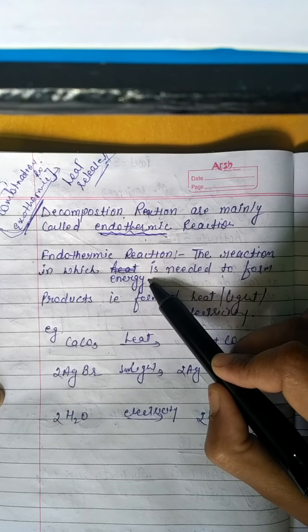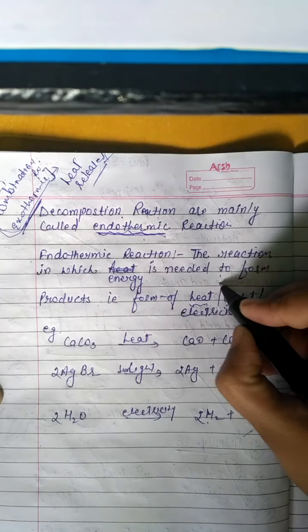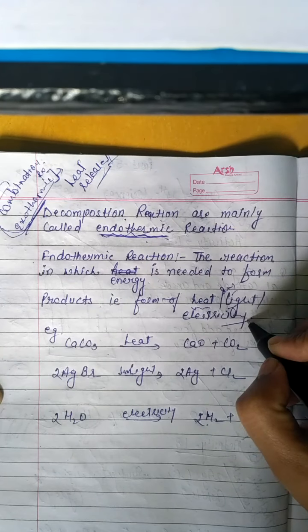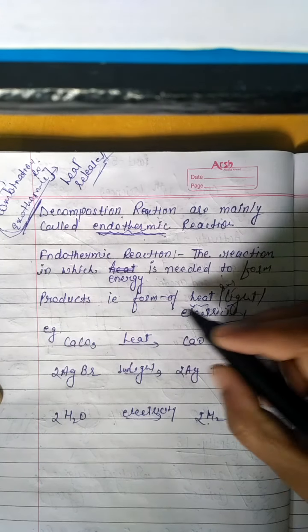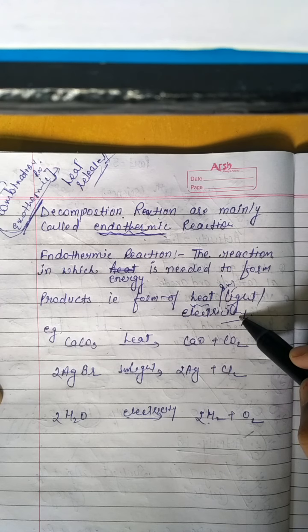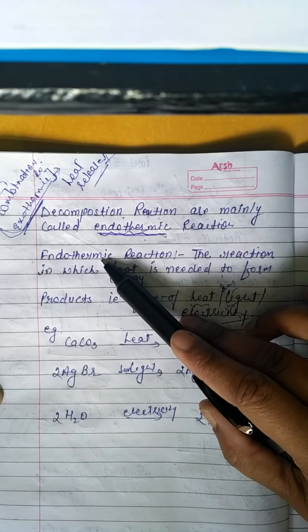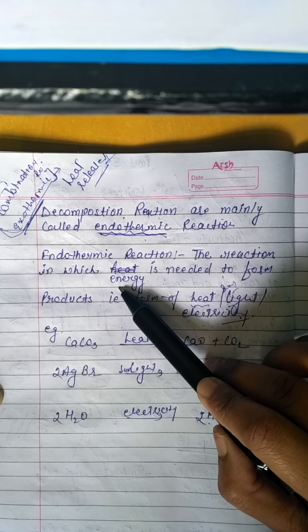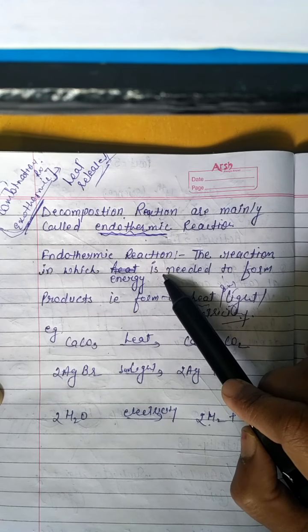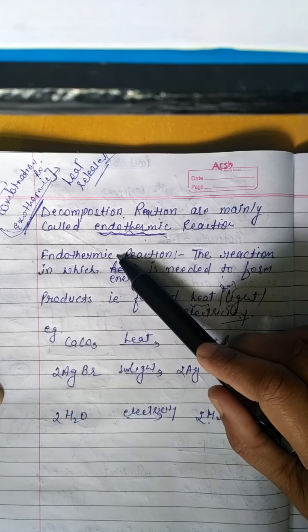That energy can be in the form of heat, sunlight or light, and electricity. These are called endothermic reactions, in which heat is absorbed. We can say that heat is absorbed to form a product, and that is called an endothermic reaction.